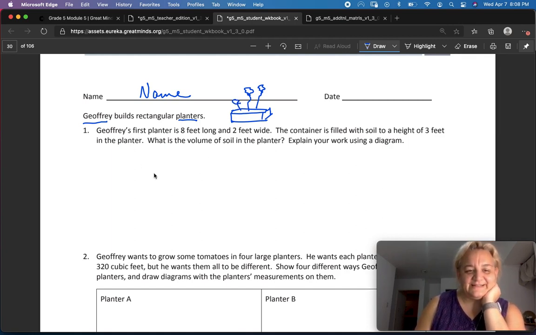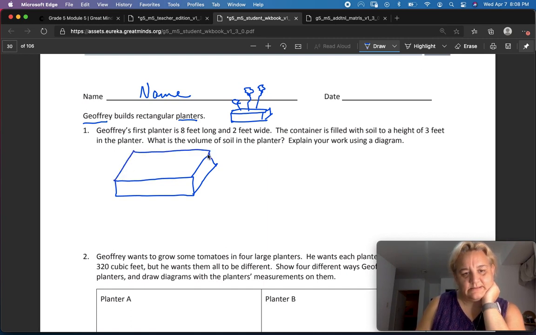Jeffrey's first planter is 8 feet long and 2 feet wide. Okay, so there's his planter. I'm even going to make it hollow so you can see. Oh, isn't that fancy? It is 8 feet long and 2 feet wide.